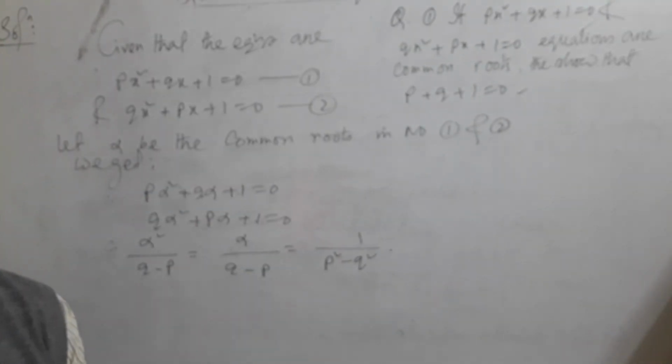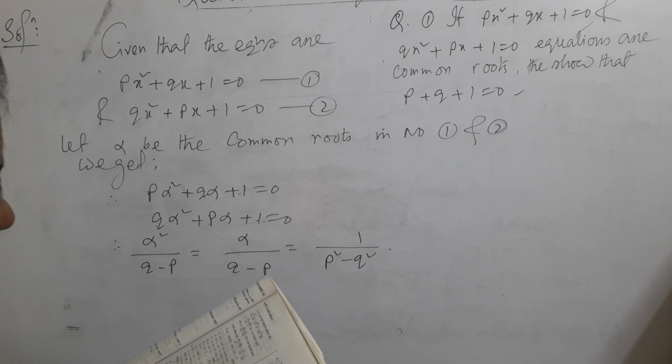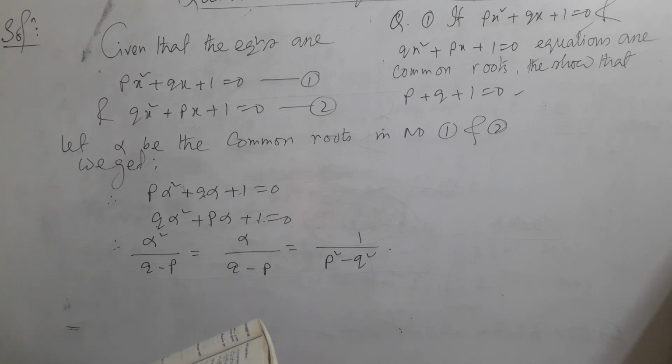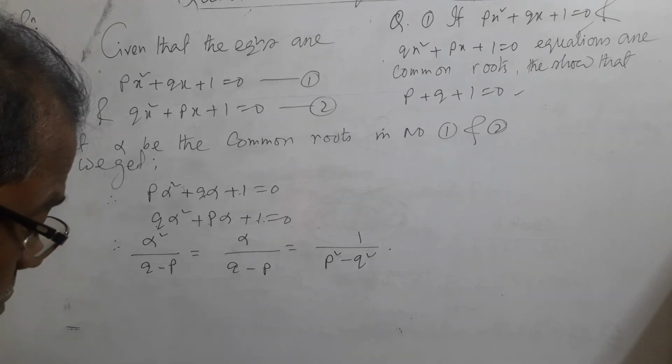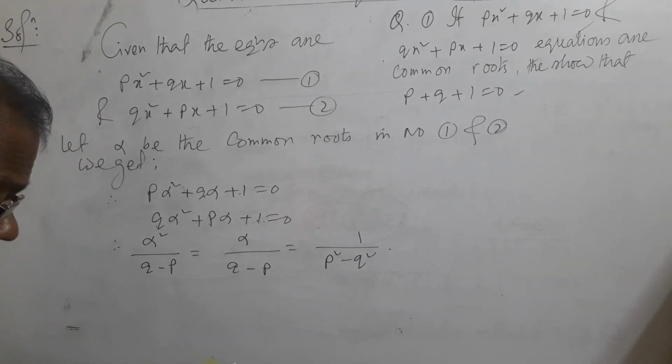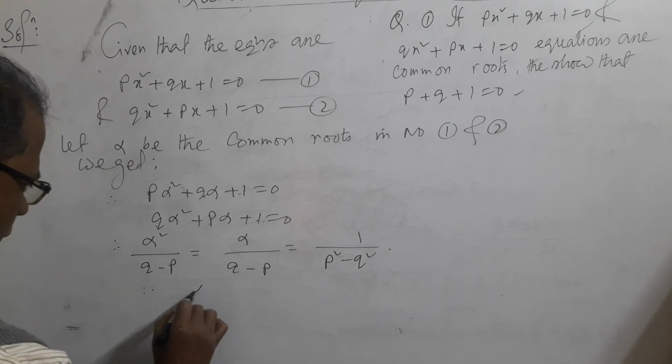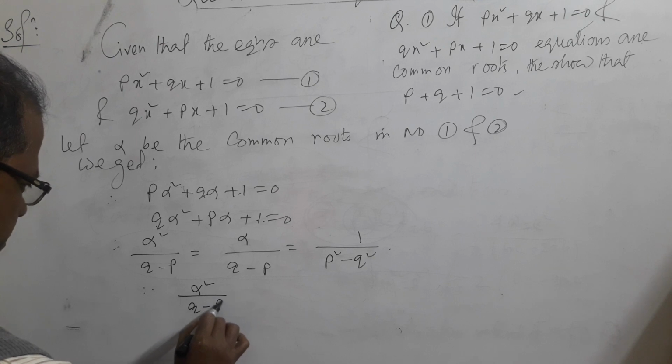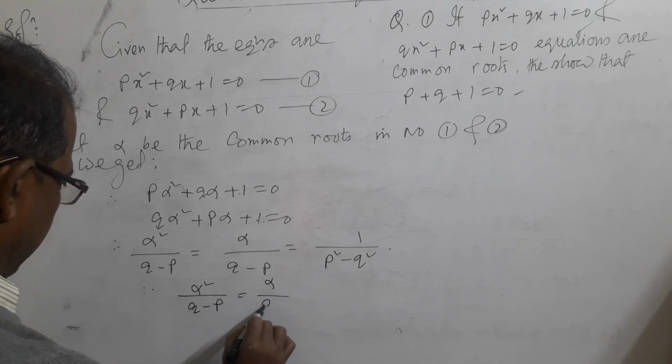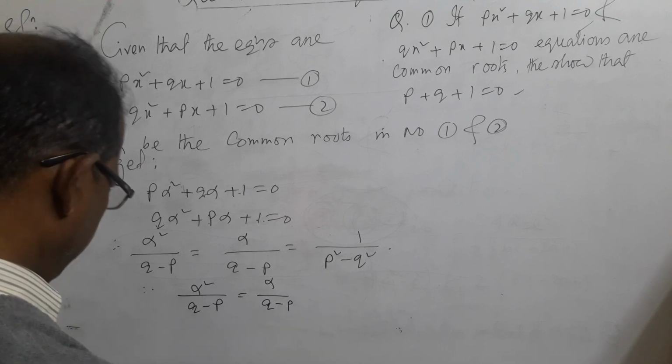It's easy maths. So alpha square divided by q minus p, and q, alpha divided by q minus p.